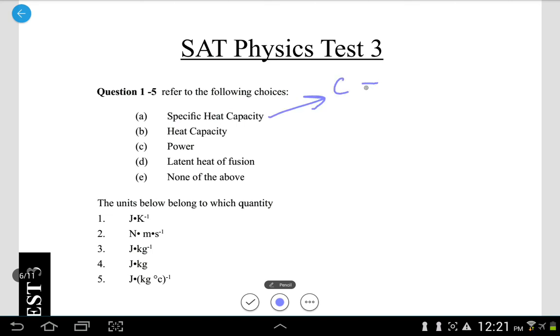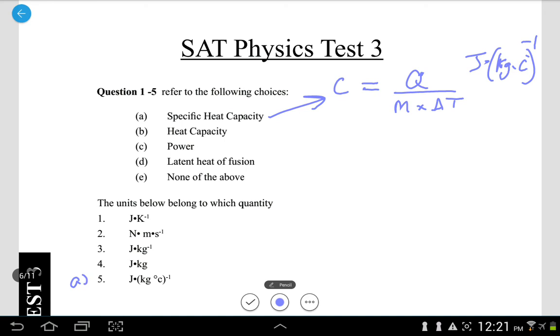I know C equals Q over M multiplied by delta T. Now the unit for Q is joules, while the unit for M and delta T will be kg, kilogram, times degree Celsius, and the whole thing raised to -1. So in this case, my answer for number 5 is A. That is the unit of specific heat capacity.